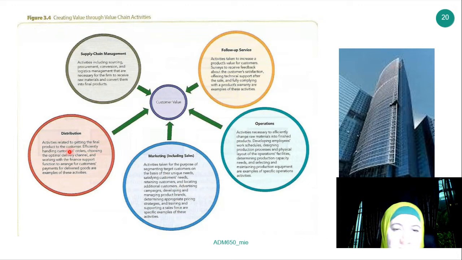And then customer value also can be garnered through activities relating to distribution. Distribution is how efficiently the firm handles customer orders, delivers the product and services, how the finance support works, and so on and so forth. Another one is supply chain management, involving procurement, logistics, and so on and so forth.